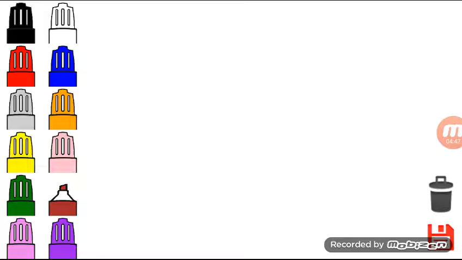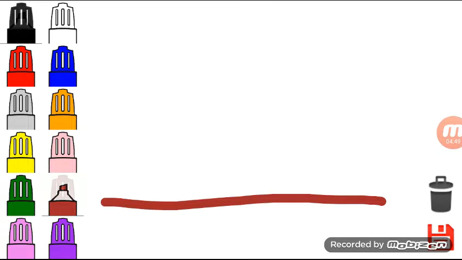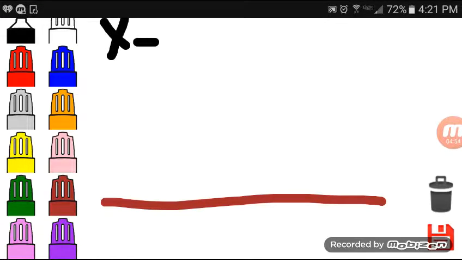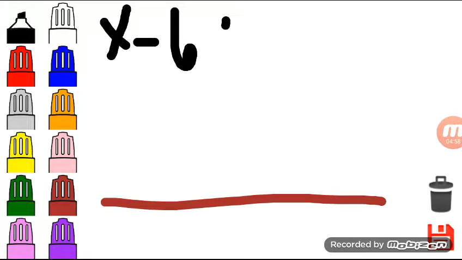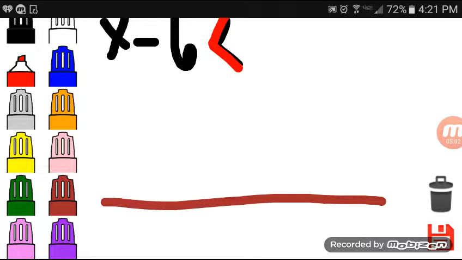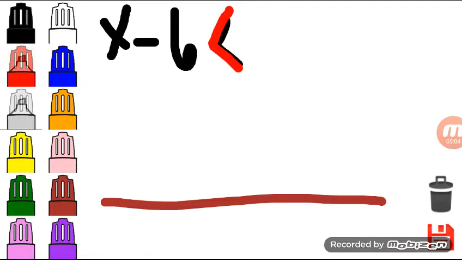Okay, so now we have our number line, and our equation is x minus 6 is less than 13. We're going to start off with 0 again.